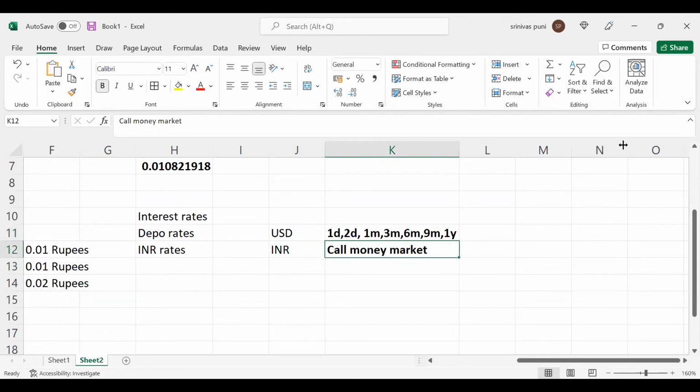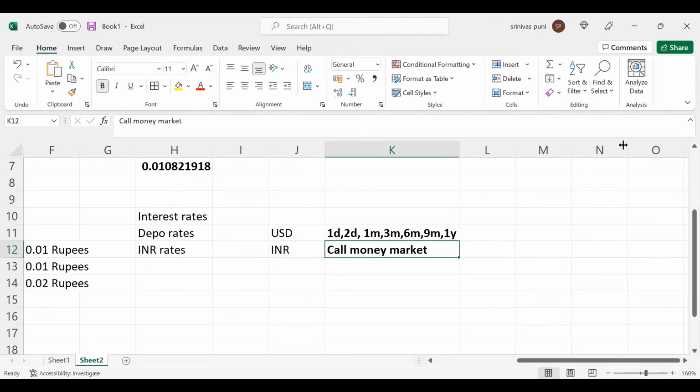So call money market is an interbank market where banks can borrow for overnight rate, or maybe for 2 days. These rates are called call money rates, right? These call money rates are available throughout the day. Banks quote with each other.